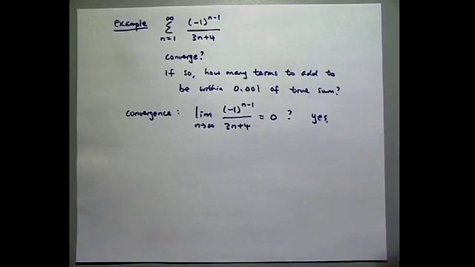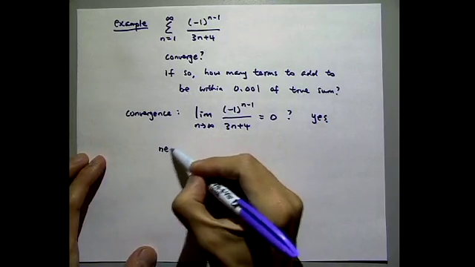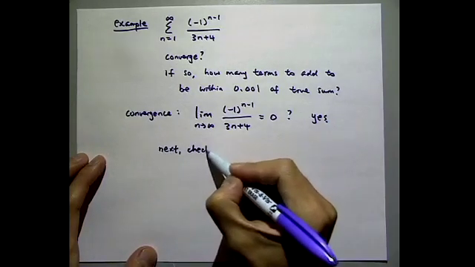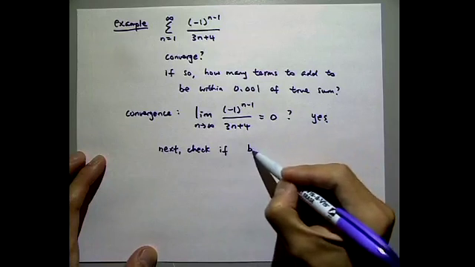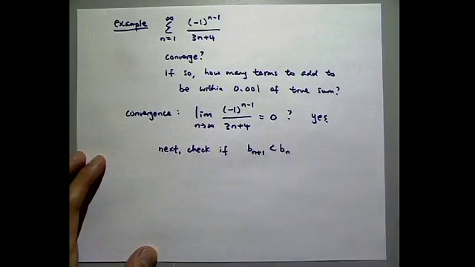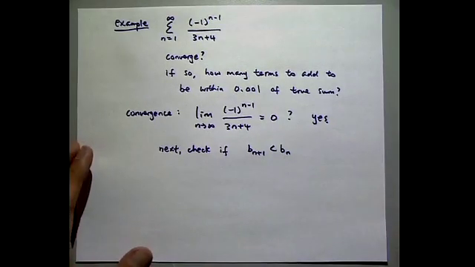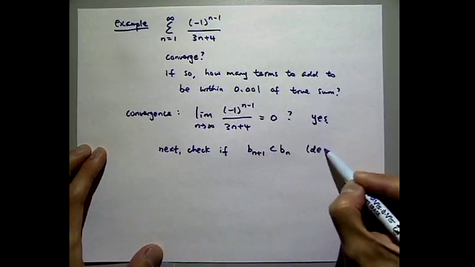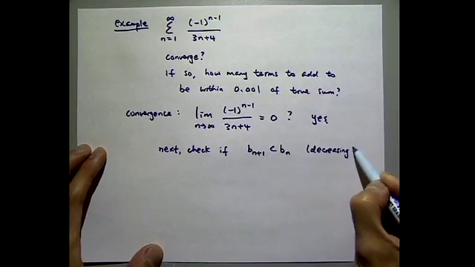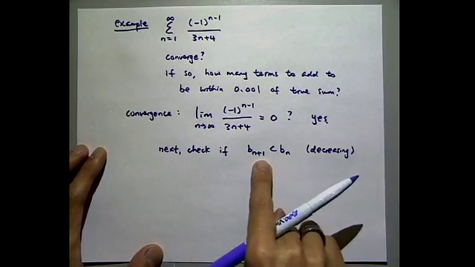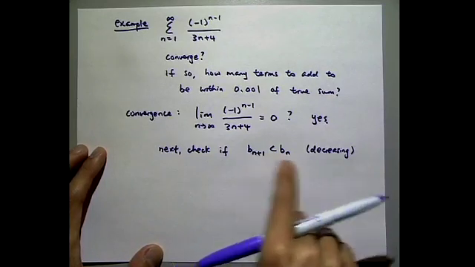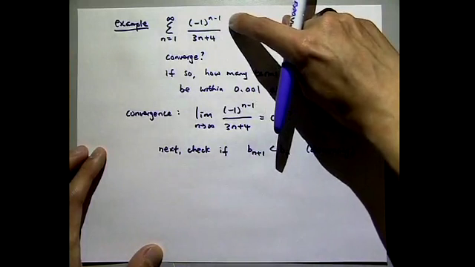Good. So now what else do we need to see happening for alternating series? There are two conditions. Decreasing, that's right. So that's the decreasing part. Remember these b_n are just the part without the minus 1 to the n plus or minus 1.